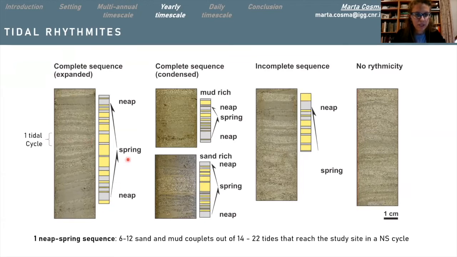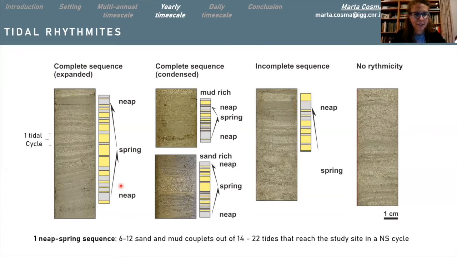The neap and spring sequence is recorded by the thickening and thinning of the sand and mud couplets, which reflect the progressive increase and decrease in the energy of the tide.